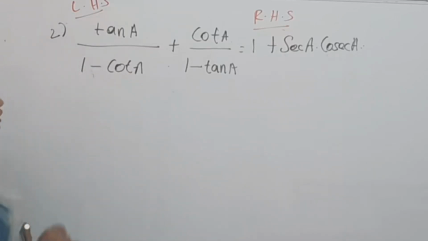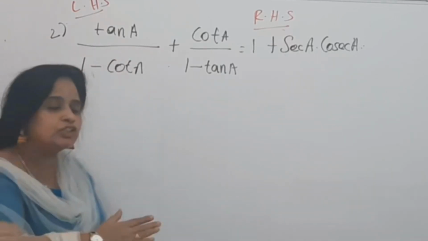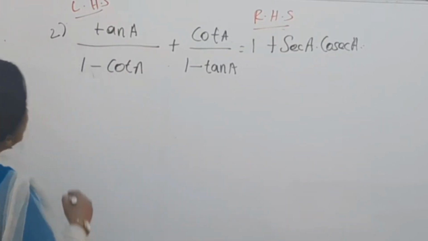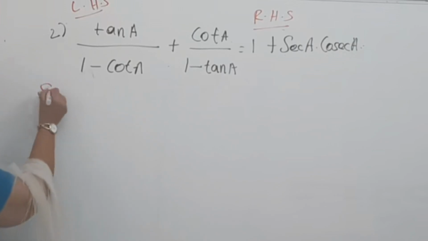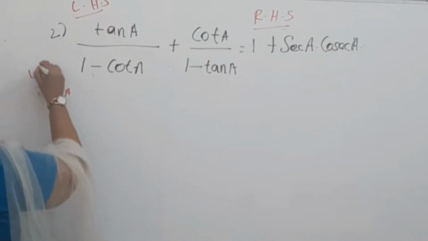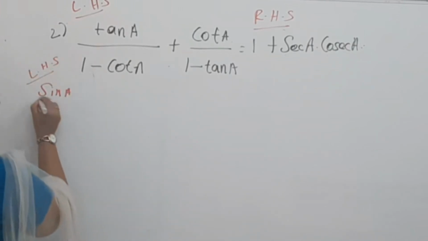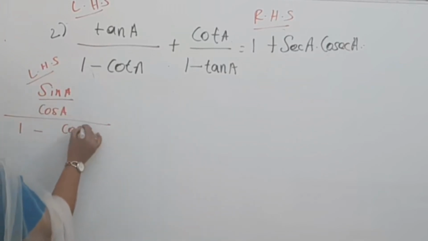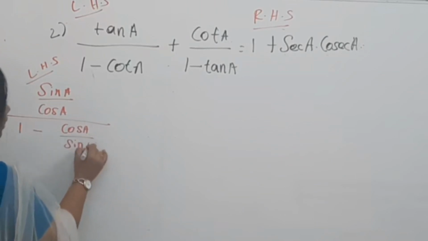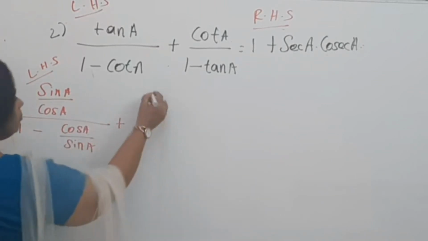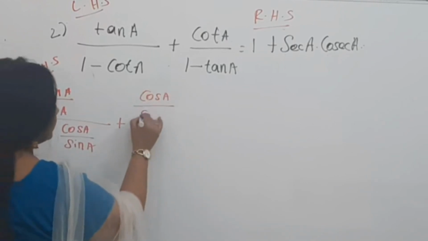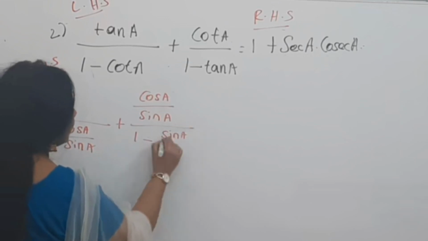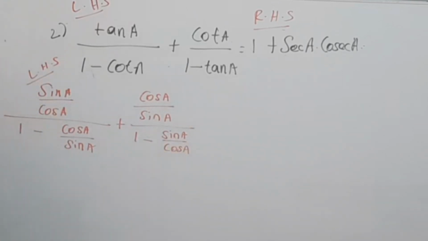So what I will do here, I will just change my ratios into the first category ratios, that is sine and cos. Now you will see here, this first one you will write as sine A. I consider only my LHS. So, sine A by cos A, whole thing divided by 1 minus cos A by sine A, plus cot A will be written as cos A by sine A, whole thing divided by 1 minus sine A by cos A. Hope you get this point.